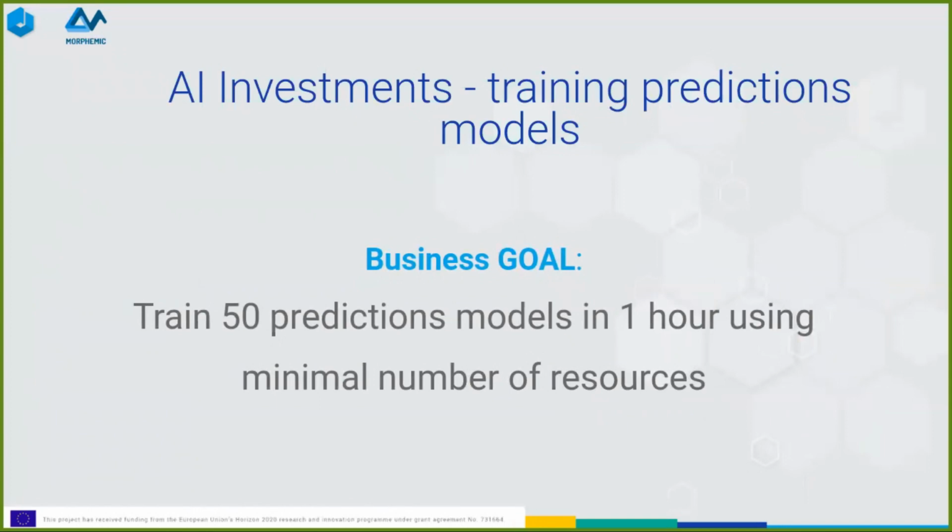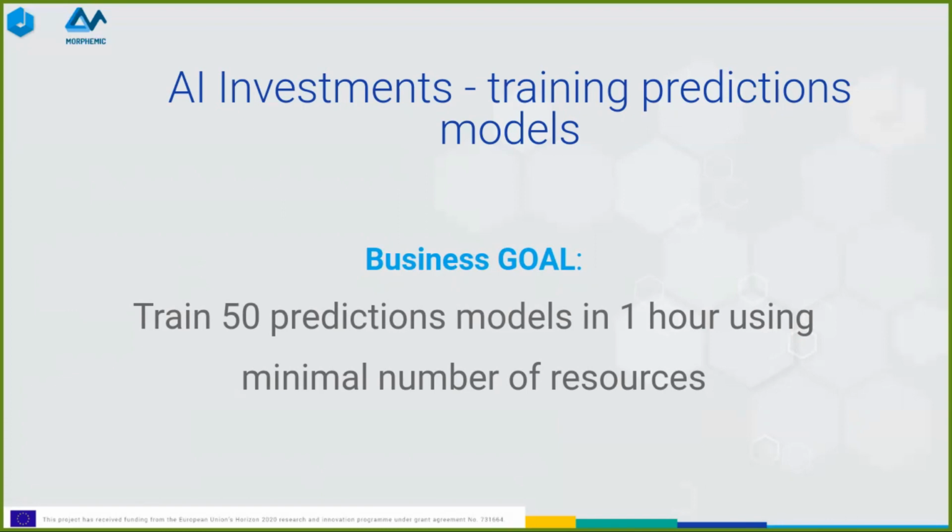And now I want to say why we should use Melodic for business applications. We have one of the early adopters of Melodic, the AI Investments company. It is a Polish company which aims to build, or has already built, an investment optimization solution using advanced AI models in the time series forecasting and optimization area.